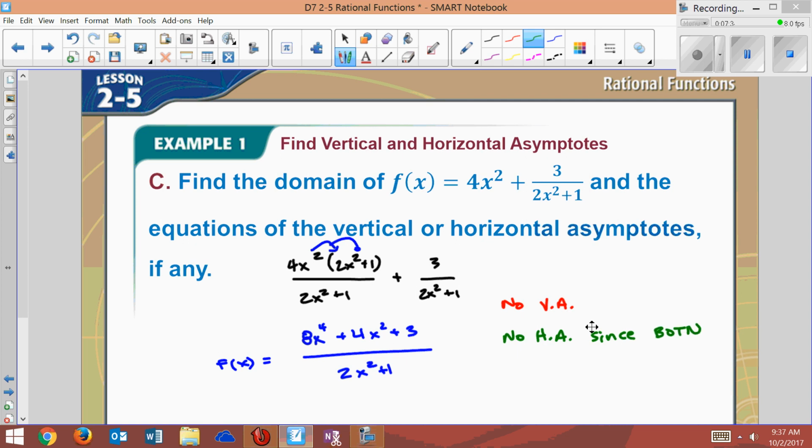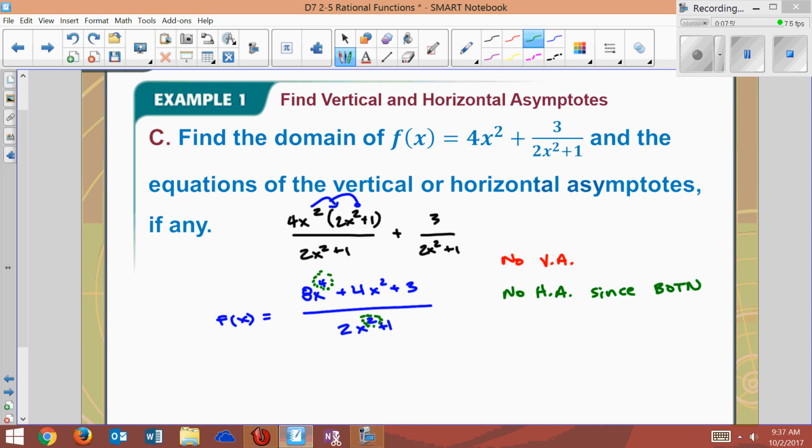Since the 4 is bigger than the 2, it would follow the rule, bigger on top, no horizontal asymptote. And the no vertical asymptote is because we cannot take the square root of a negative number. That's the same one as before.